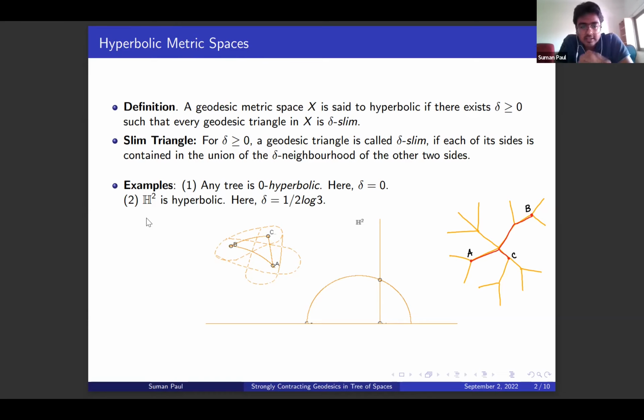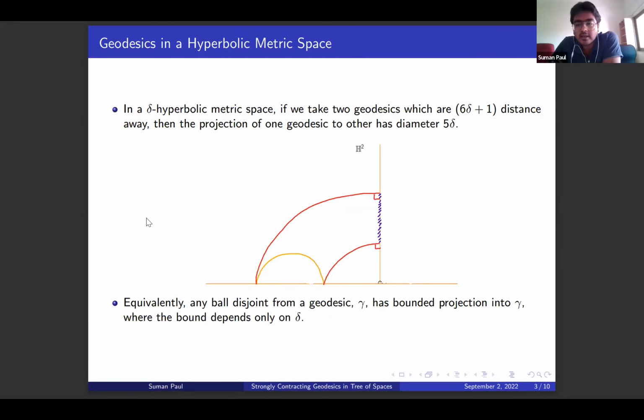So H2 has this property, and we take this property and impose it on a general metric space and call this a hyperbolic metric space. Now, let me give some properties of geodesics in a hyperbolic metric space.